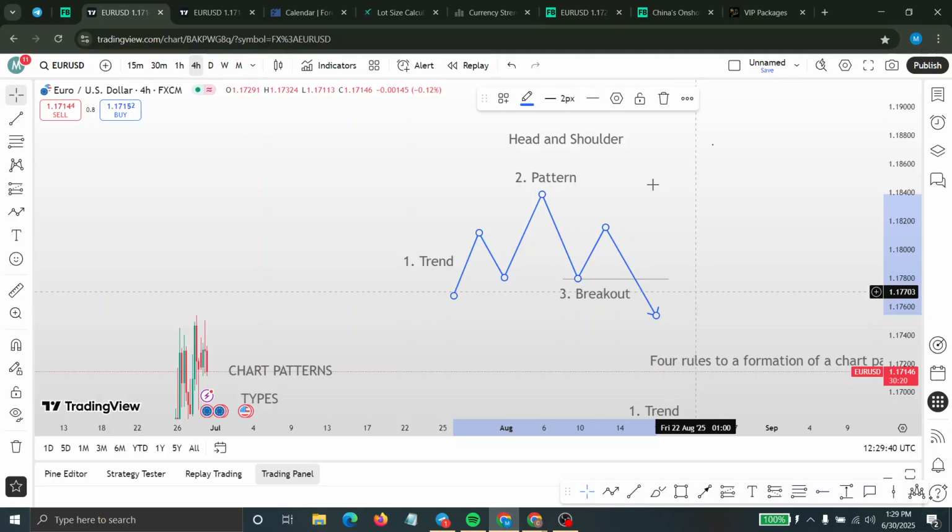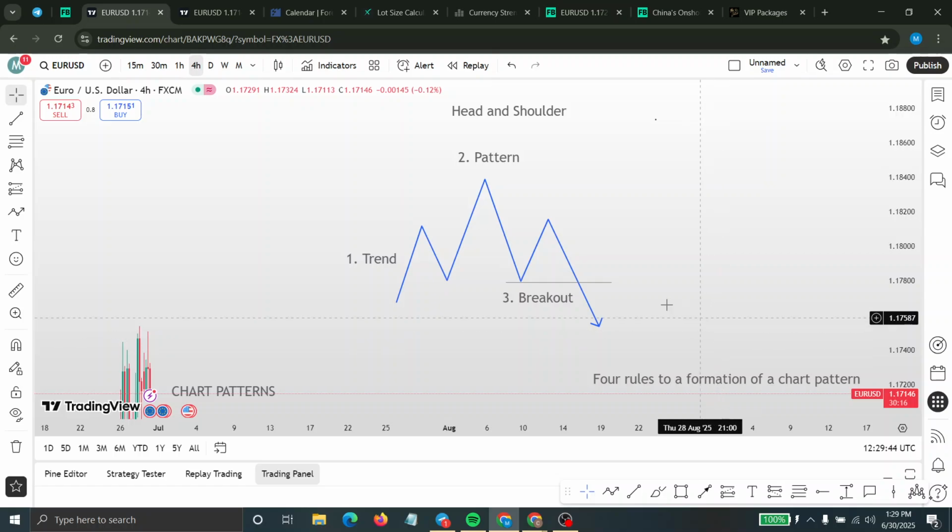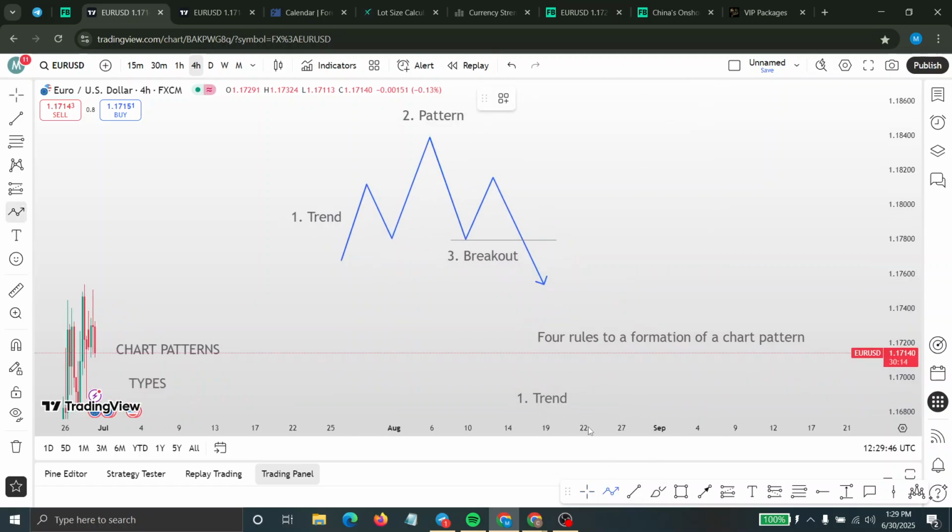So once that breakout forms, what do we want to wait for? We want to wait for the market to give us what? To retest that neckline or that breakout point. So once the market retests that breakout point, we should be looking closely and monitoring the price action we are seeing there. If I say price action, we want to be monitoring our candlestick patterns.